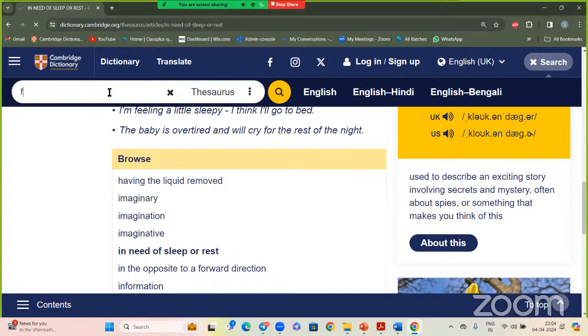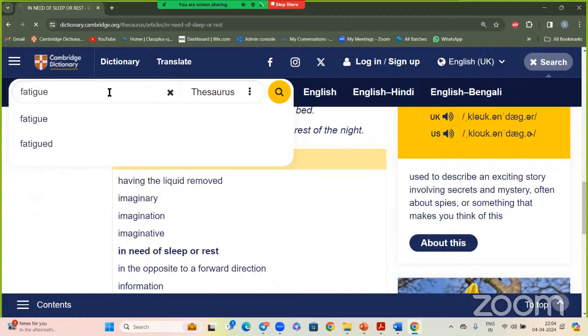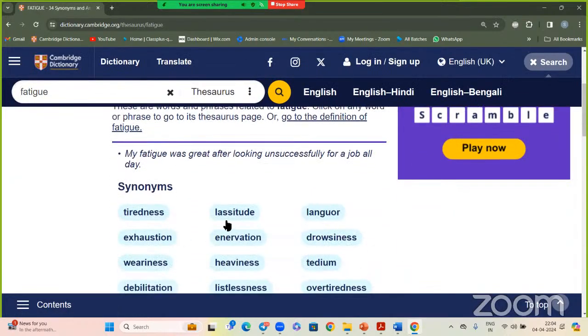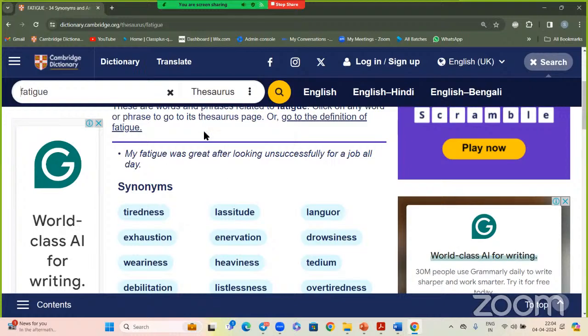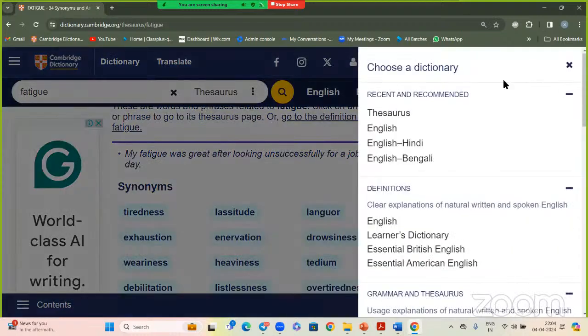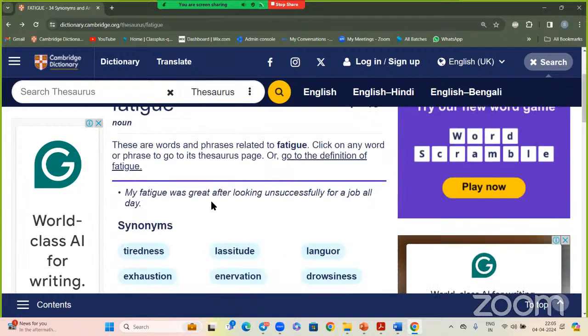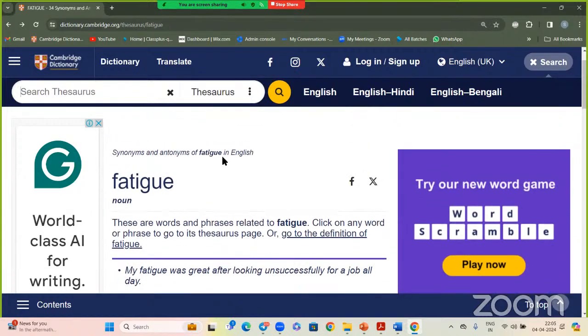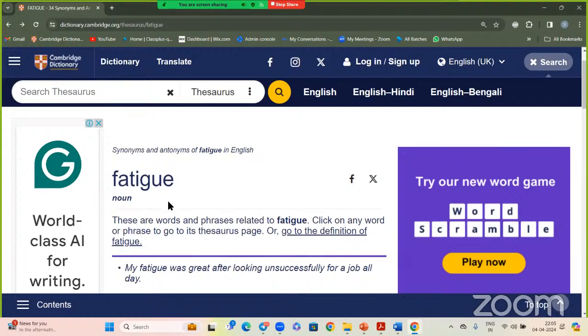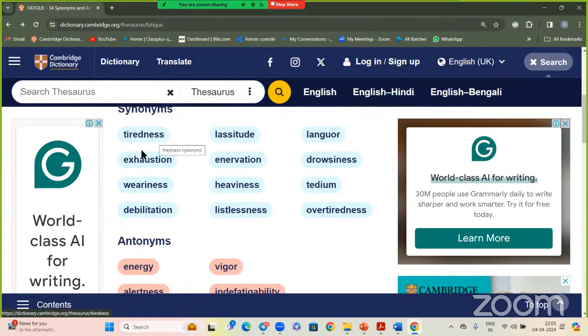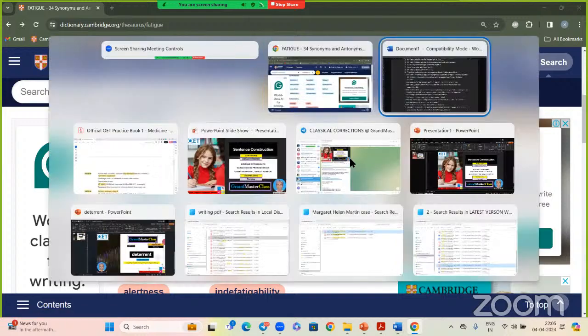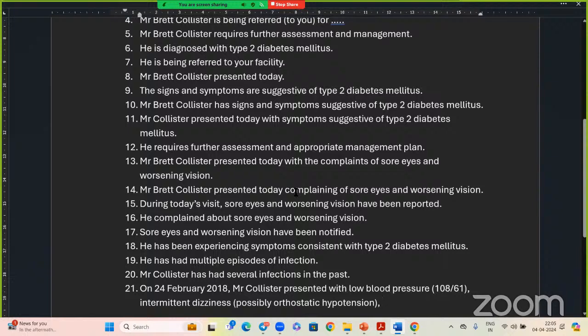Then what do you call this? Fatigue, tiredness. The same thing, right? Fatigue means here you can say tiredness. Synonyms and antonyms of fatigue. Fatigue means what? So tiredness, exhaustion, weariness. All these are okay. Drowsiness. So how you are playing with the words is very important.